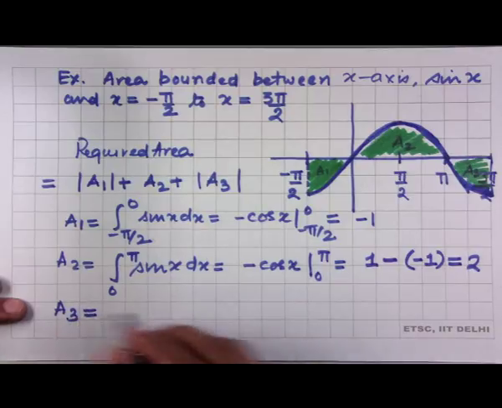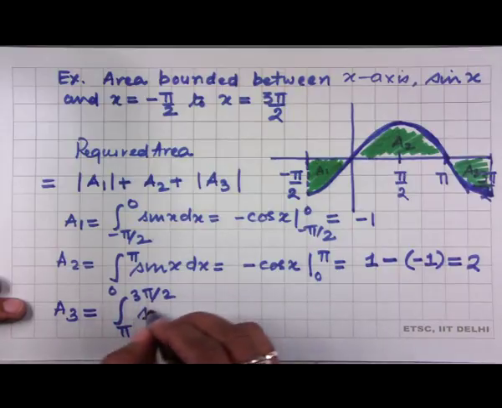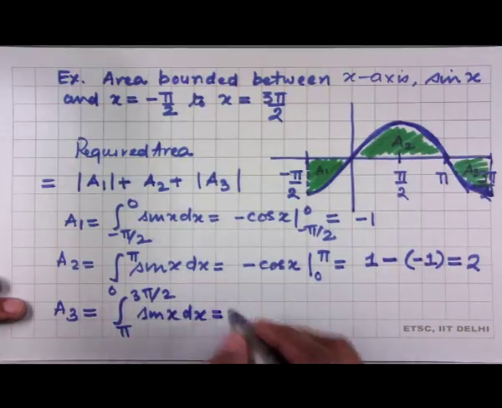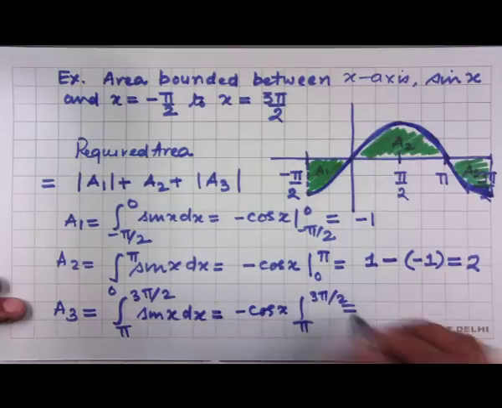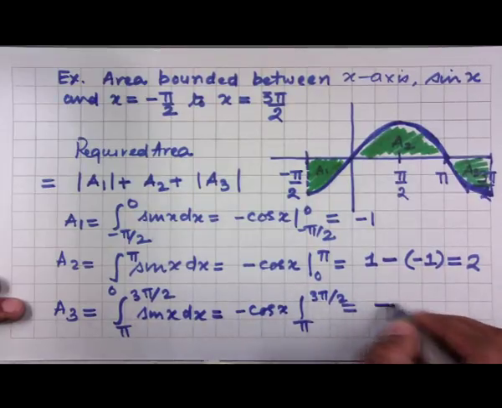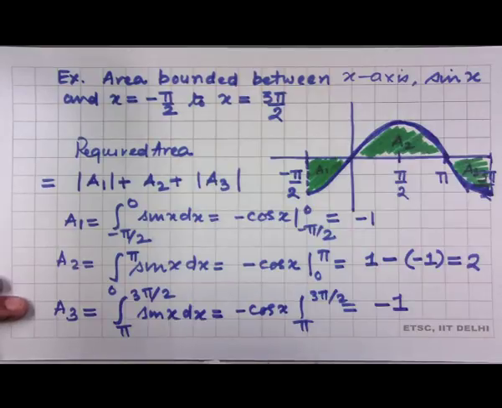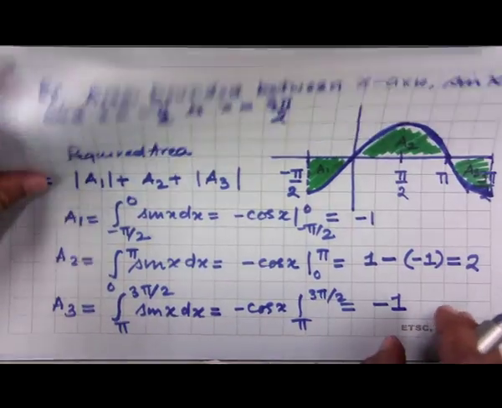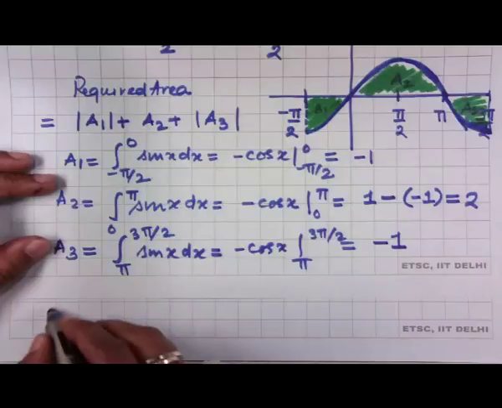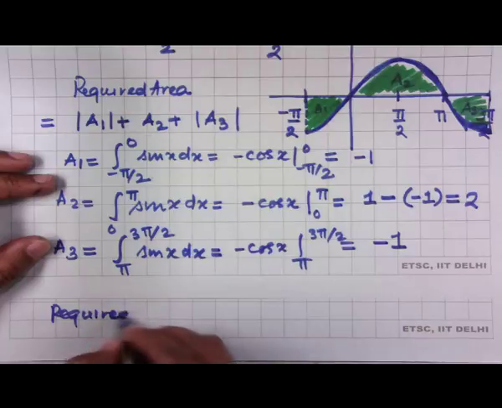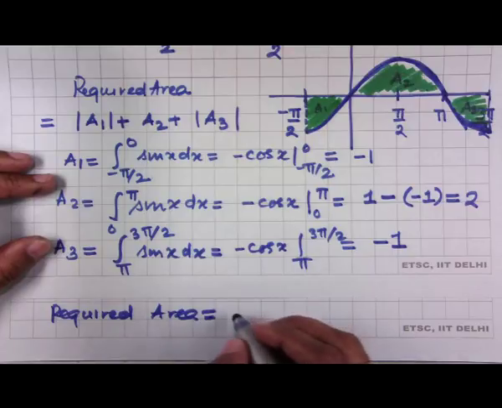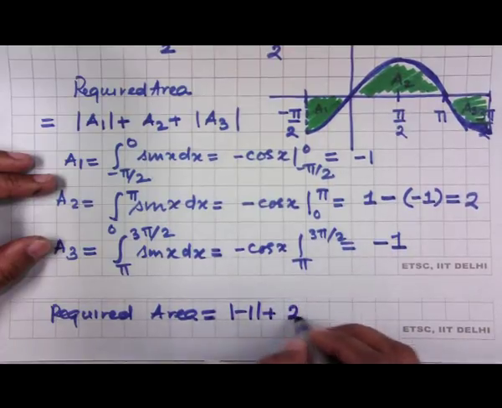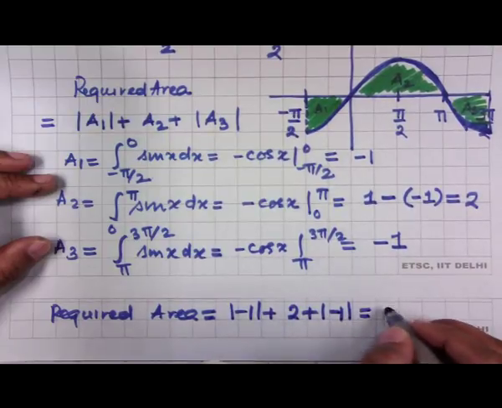A3 is pi to 3 pi by 2 sin x dx, which is equal to minus cos x, pi to 3 pi by 2, which is equal to minus 1. So, required area will be equal to 4.